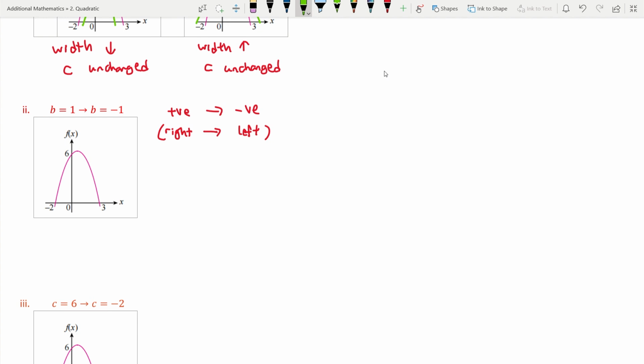For this case, it is like a mirror image where the reflection line is the y-axis. So the vertex becomes here and the curve looks like this. All points are changed except for the y-intercept. The shape of the graph does not change.